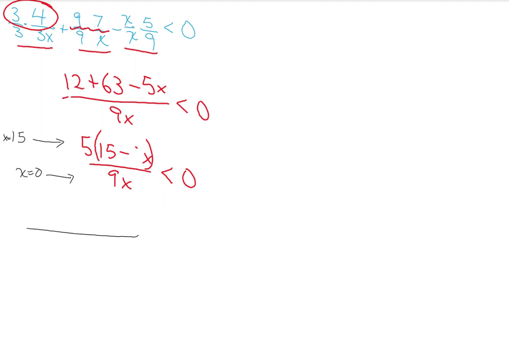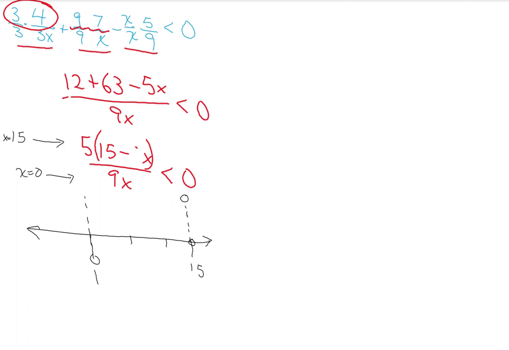So on a number line, we know that the whole expression is 0 here, and it's undefined here, and whatever it is in the region between 0 and 15, it could be different.